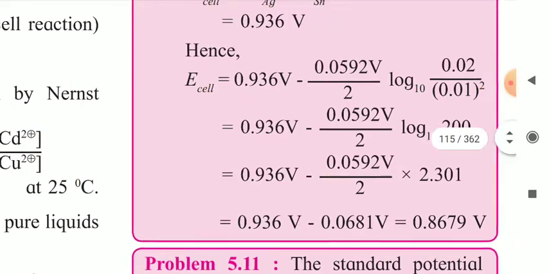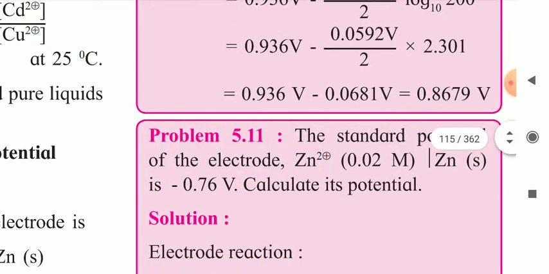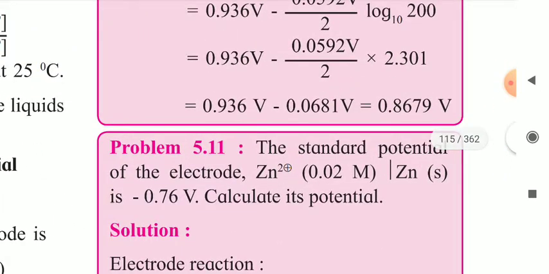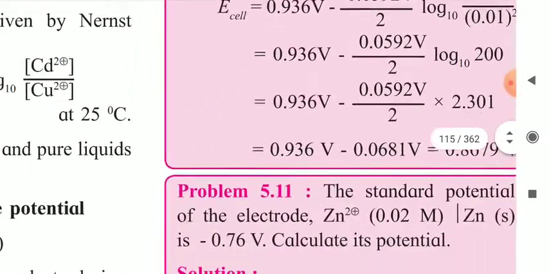By substituting all the values in the equation, after simplification you will get the answer 0.867. So students, this is the theory behind how to calculate or find the EMF of the given cell.